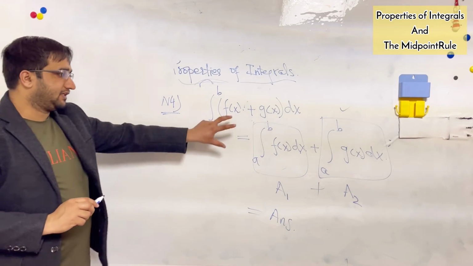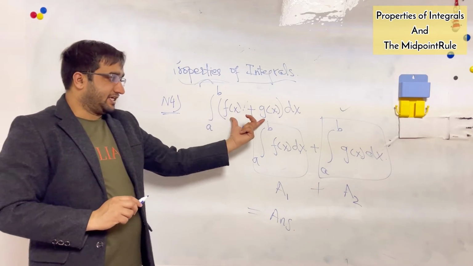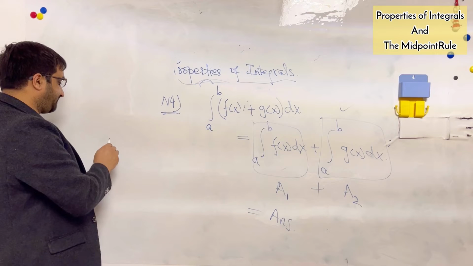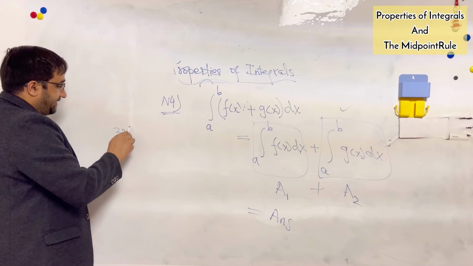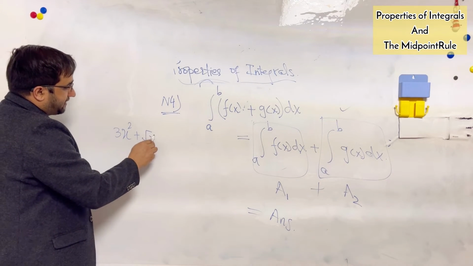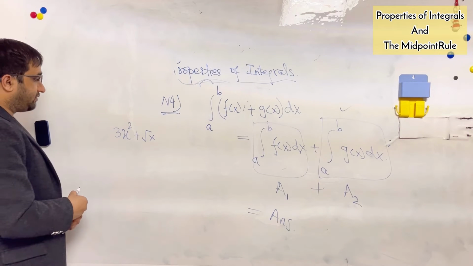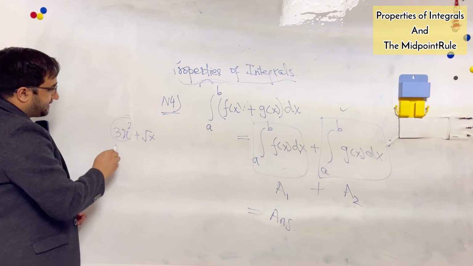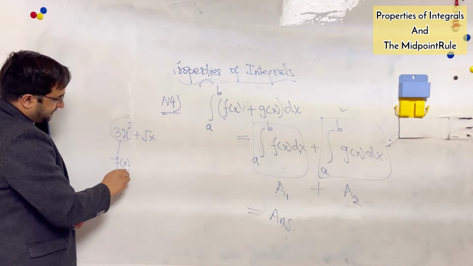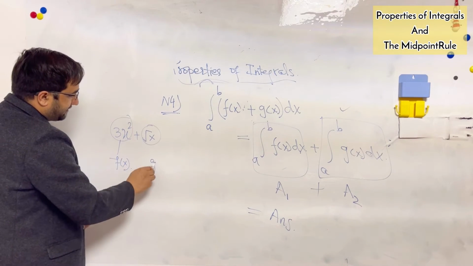So if you have a combination of two functions, for example, 3x square plus under the root x, I can say this is f of x and this is g of x.